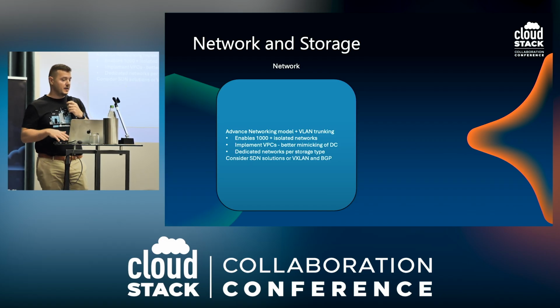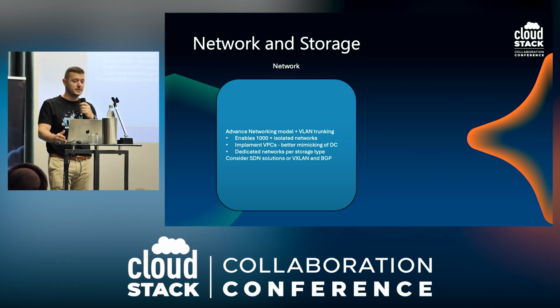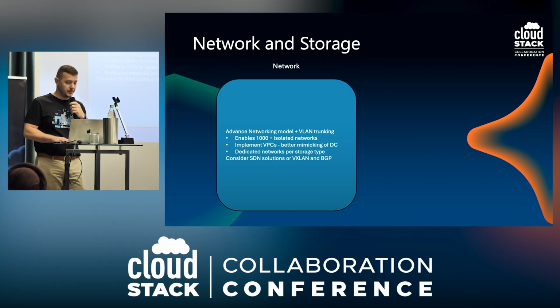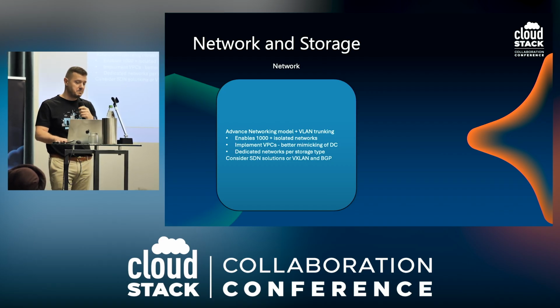It basically enables you to have around 1,000 isolated networks, and you can do VPCs and all that jazz, with a better mimicking of a DC. Also, depending on the business case, you can consider SDN solutions or VXLAN and BGP.